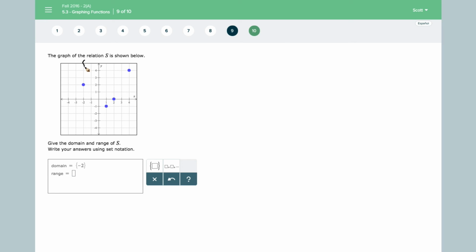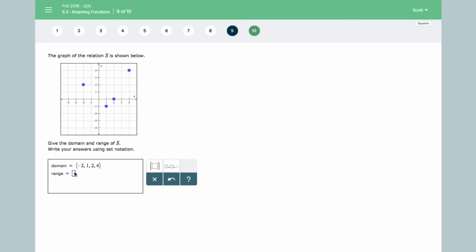If I draw a line right here, where's my x value? x value is negative 2. And then if I draw this line, what's my next x value? It'd be 1, and then 2, and then 4. So negative 2, comma 1, comma 2, comma 4.